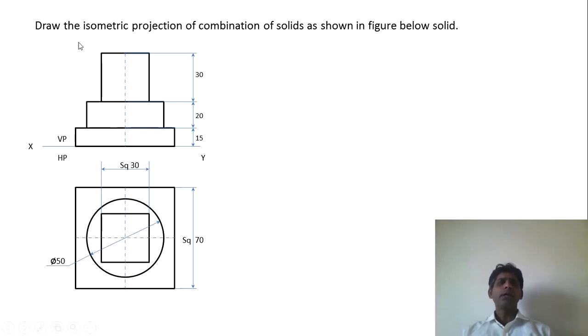This may be put in the form of a statement, like this figure will not be given sometimes, and all of this combination will be mentioned in the form of a statement, like a cylinder of diameter 50 mm is placed on a square prism of edges 70 mm and height 15 mm, and a cube is placed on top of the cylinder, right?